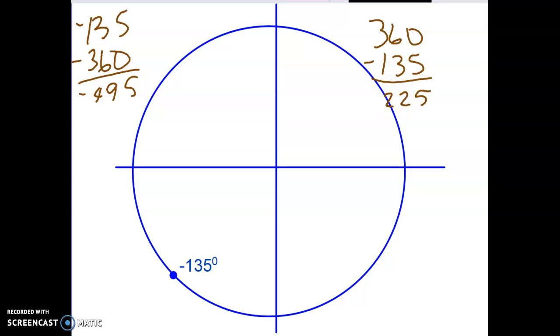And I end up with positive 225. So if I start here and I move around the circle 225 degrees in a positive direction, I will end up here. And I could add 360 to that again if I wanted to, just like we did before. So 585 would be coterminal. It would put me in that same spot.